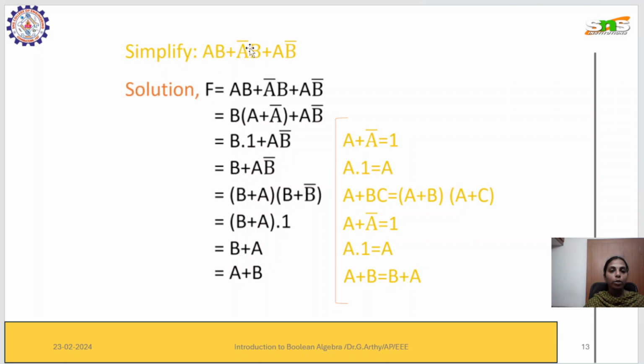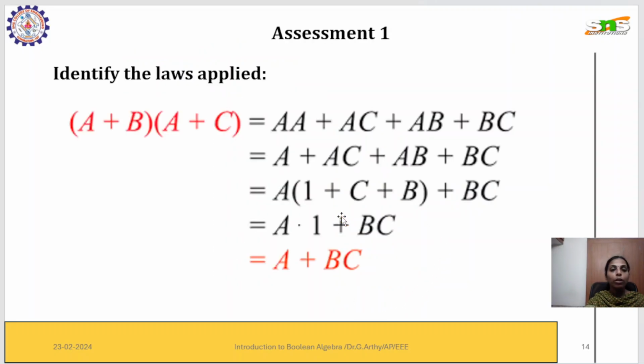Here 1, 2, 3, 4, 5, 6 and 7 gates are required. Here we need only one gate. Instead of 7 gates, we can achieve the same result with one gate when we simplify the expression using Boolean laws. This is the reason why we go for Boolean laws, right?